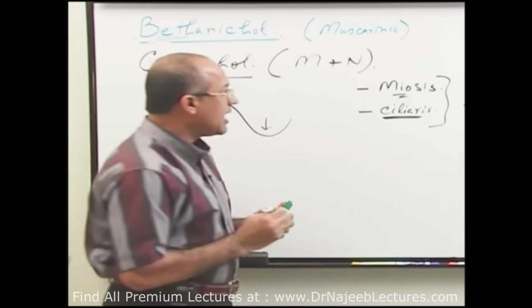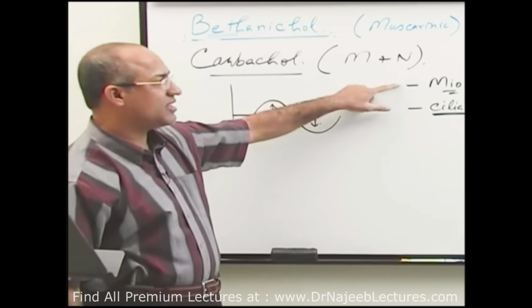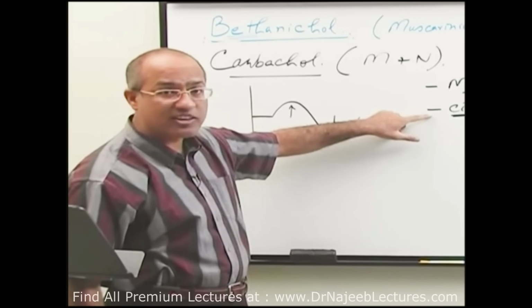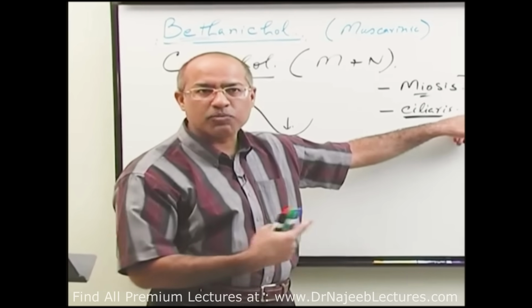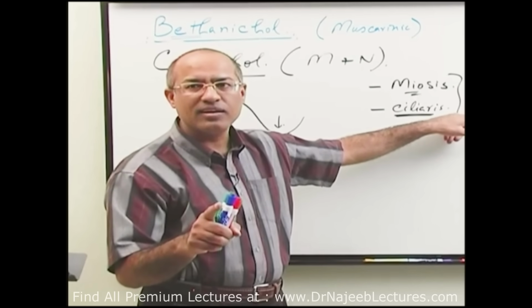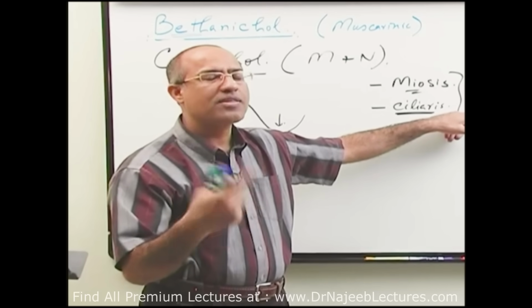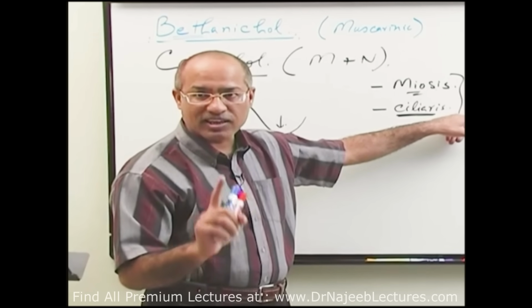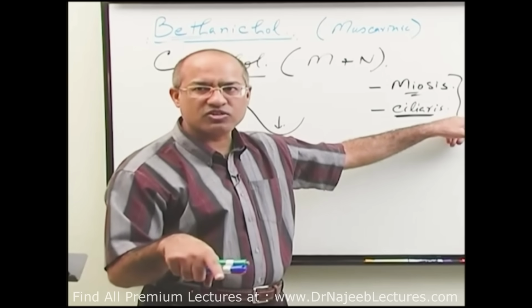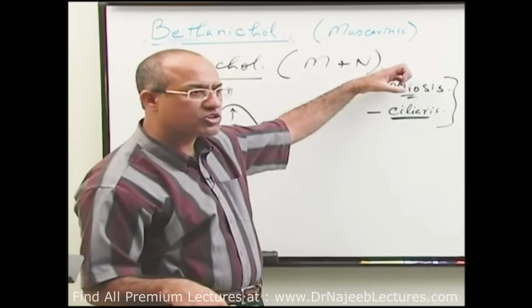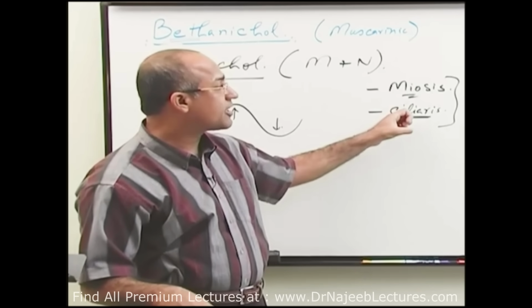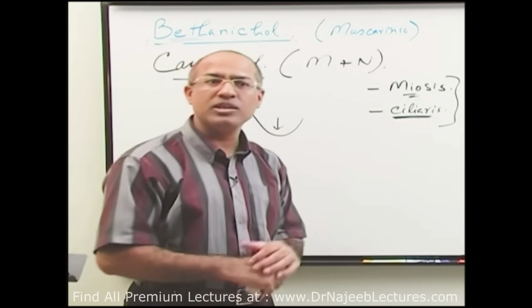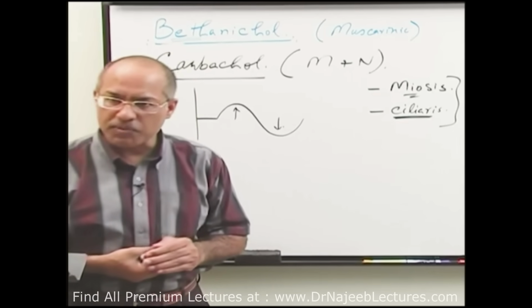Now, how the miosis and the ciliary contraction reduce intraocular pressure, I will explain later when I explain pilocarpine. I will tell you the exact mechanism. For a while you just trust me that by producing strong contraction of the sphincter pupillae and contraction of the ciliary muscle, we reduce the intraocular pressure.